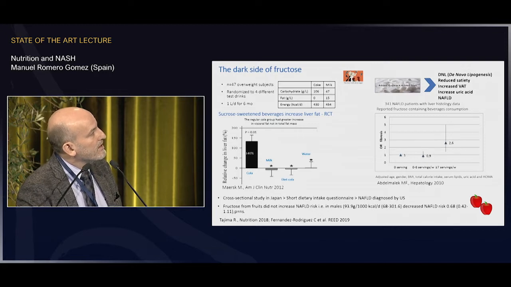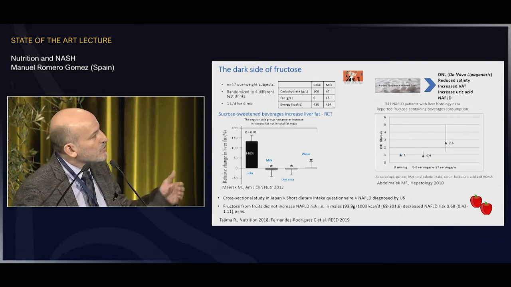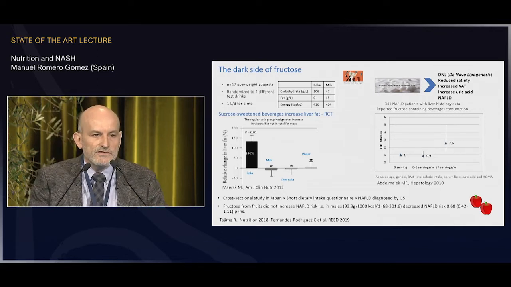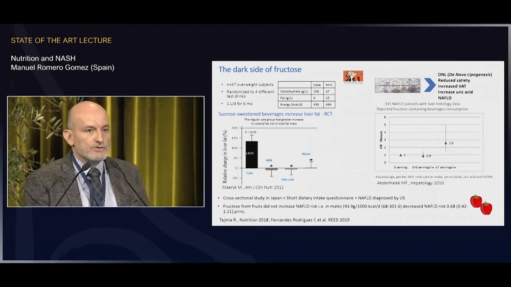But not just NAFLD. If you analyze how much fructose you are eating or drinking every day, if it is higher than 7 servings per week, you can increase by 2.6 the risk of suffering from fibrosis in the liver. But it's just for the industrial fructose.